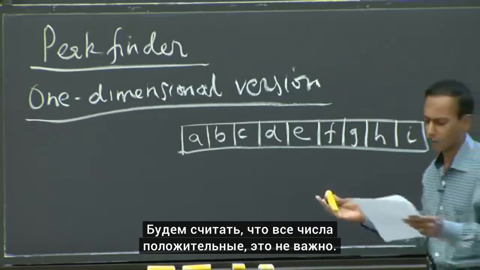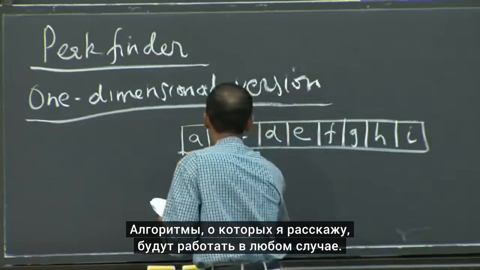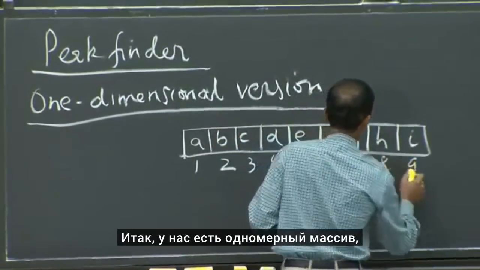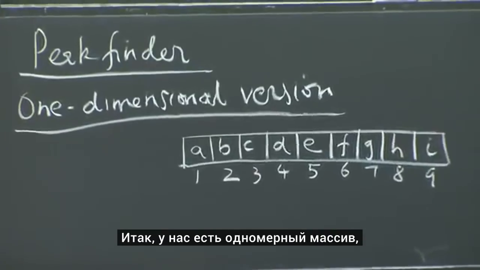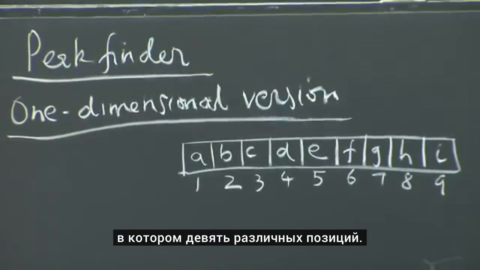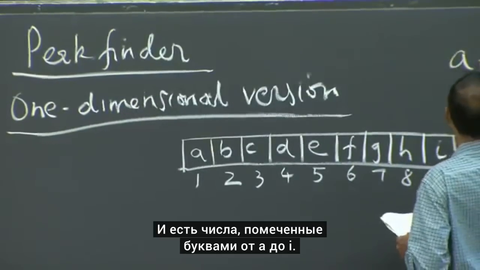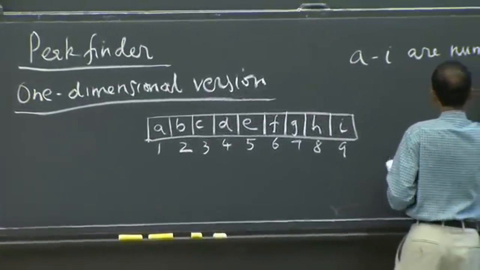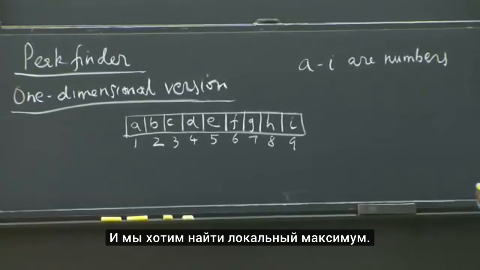We'll just assume they're all positive. It doesn't really matter. The algorithms we describe will work. And so we have this one-dimensional array that has 9 different positions, and A through I are numbers. And we want to find a peak.